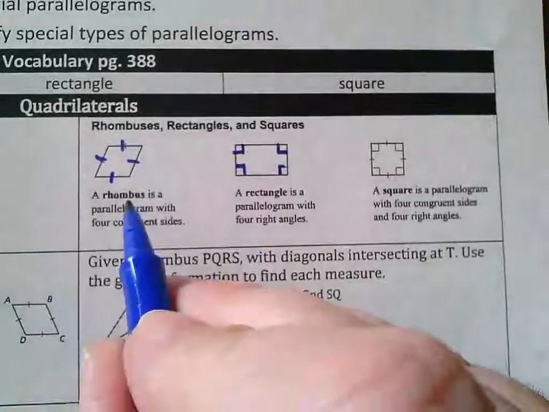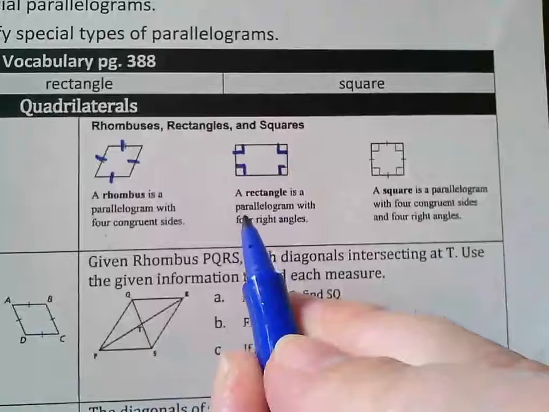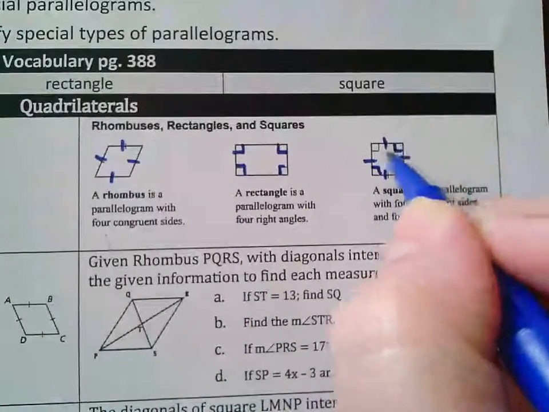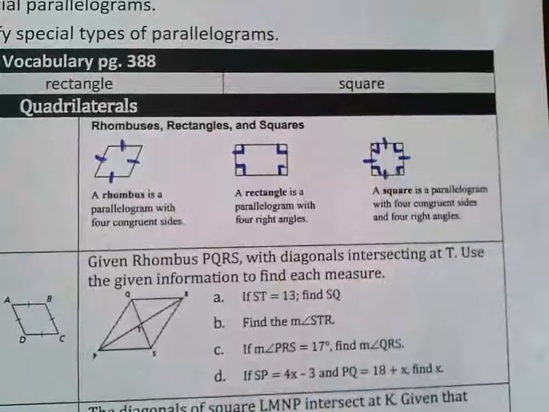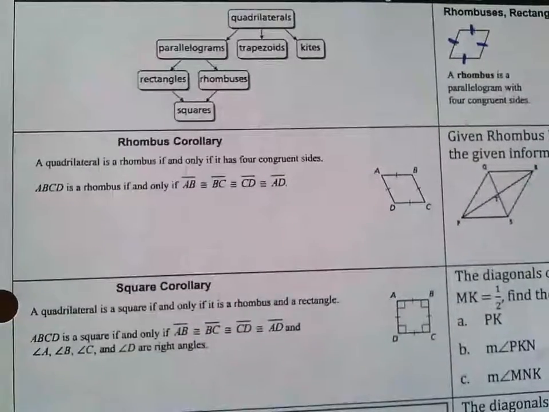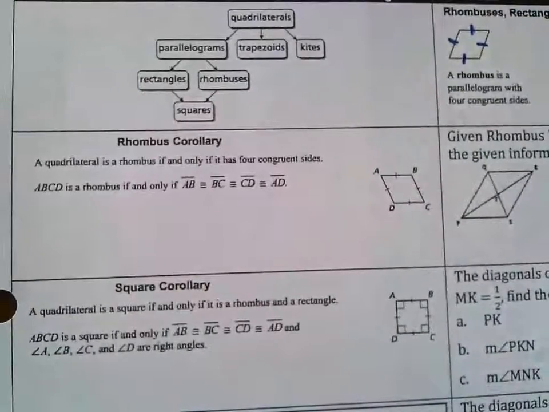It's a rhombus where it has all four equal sides, and it has four right angles. So all the sides are equal plus the four right angles. A quadrilateral is a rhombus only if it has four congruent sides, and if it has four congruent sides, it can be called a rhombus.